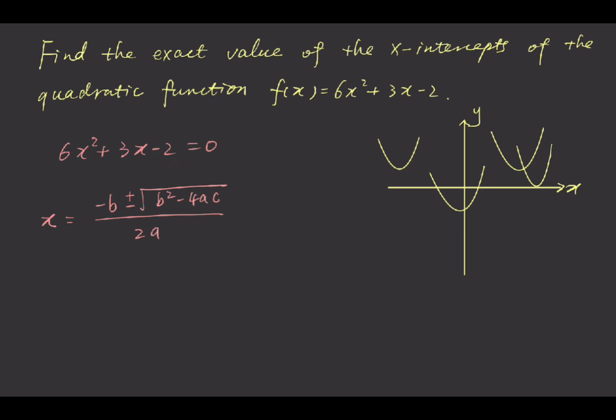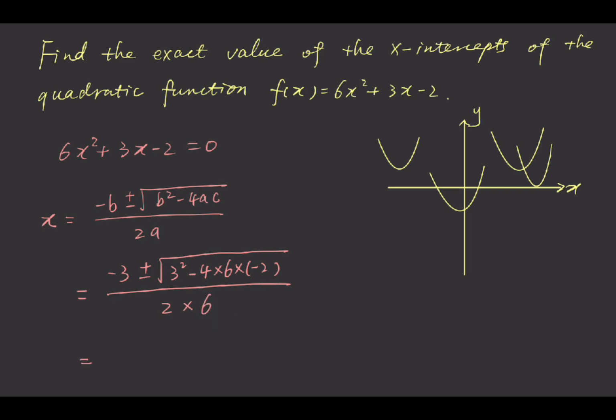We just need to plug in the corresponding numbers into this formula. Negative b is negative 3, plus or minus the square root of b squared, 3 squared, minus 4 times a, which is 6, times c, which is negative 2. The denominator is 2 times a, which is 2 times 6.